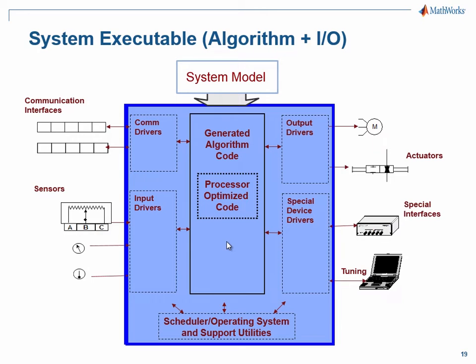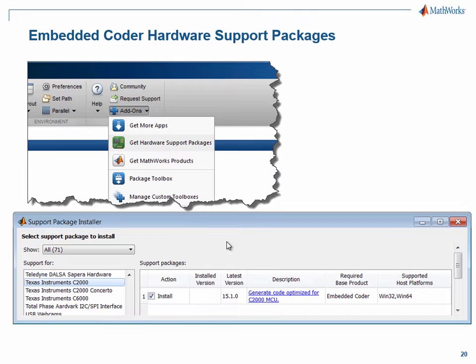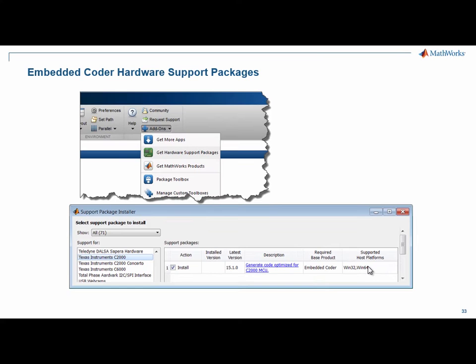So in this case, you may ask, well, where do I get the I/O for a specific device? For the C2000 family of microcontrollers, MathWorks has built-in support. You would simply go to your MATLAB window under add-ons, say Get Hardware Support Packages, and download the support for the Texas Instruments C2000 MCUs as shown here. When you install that package, you get a full suite of different I/O devices.